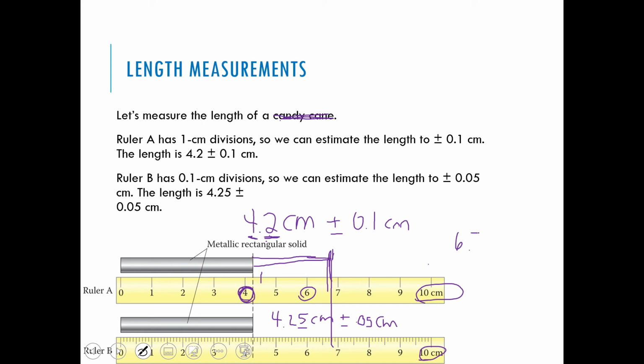According to this line, it didn't quite touch the 0.8, so I would say 6.79 centimeters. Again, plus or minus a hundredth of a centimeter.